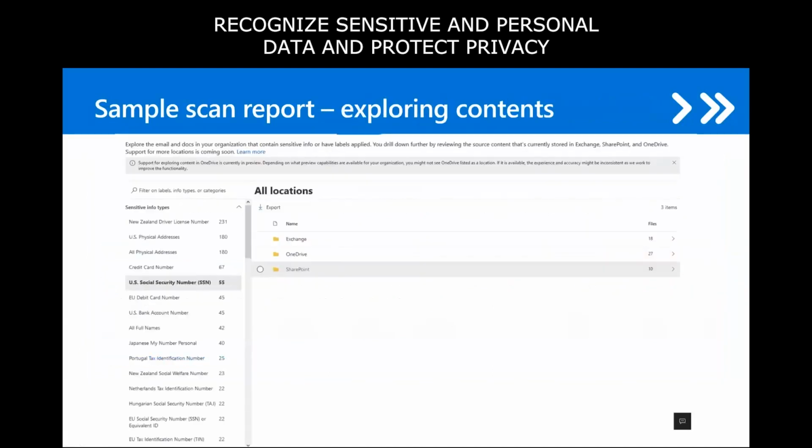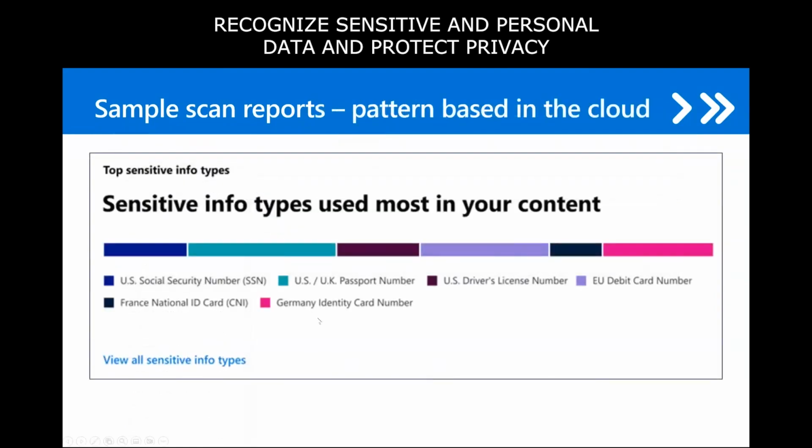The next one is the ability to explore those contents. Sometimes we hear from our customers or organizations that this information alone is helpful, giving them an understanding of how many and what the critical information is. But we also want to understand where that information is stored right now so that we can protect it right away.